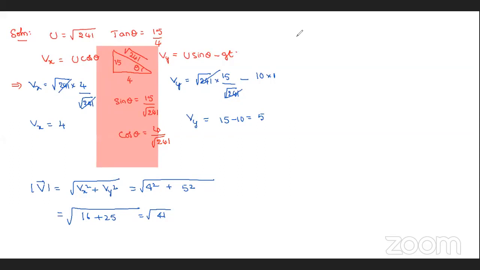Ask the vector form. V bar equals Vx i cap plus Vy j cap. Vx I got 4 and Vy is 5. So yes, 4 i cap plus 5 j cap.